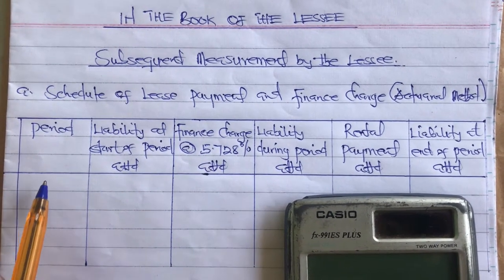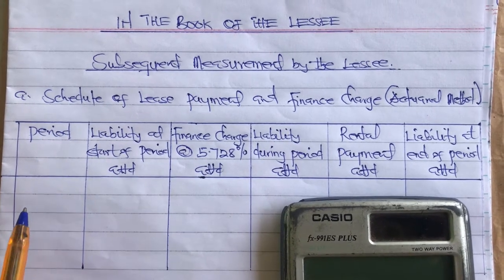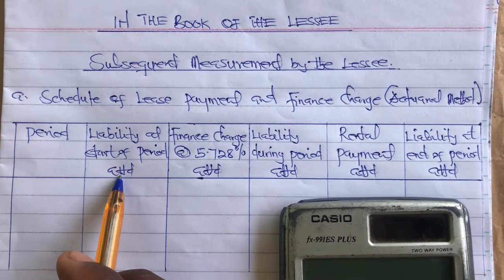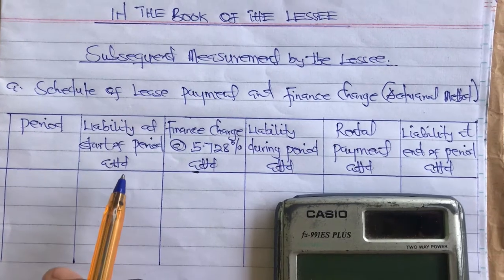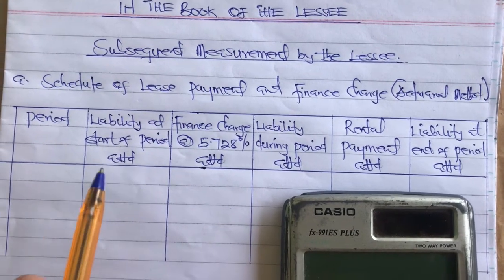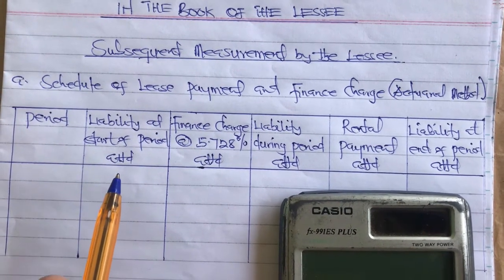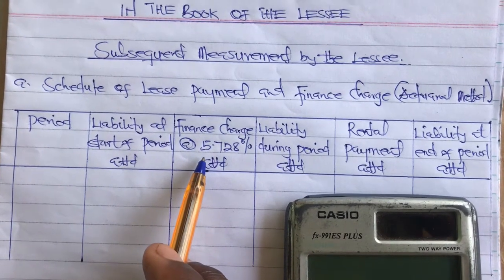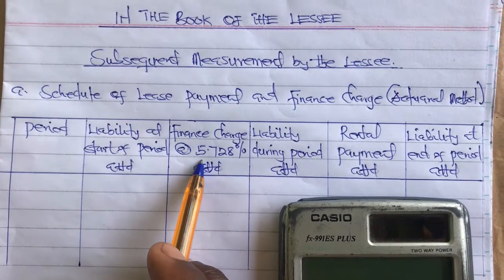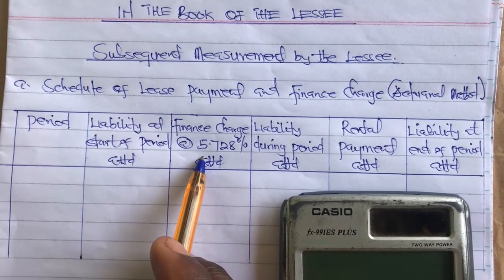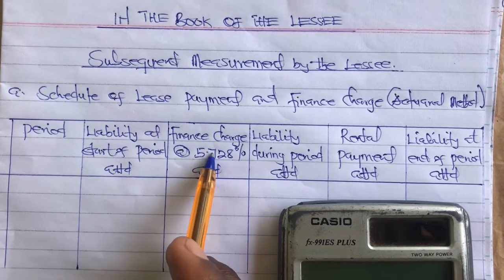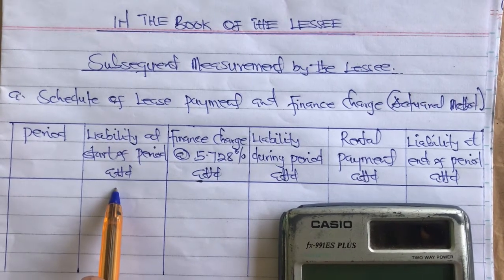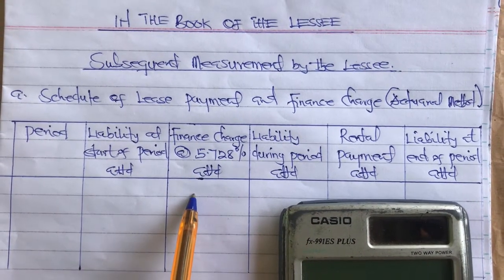We consider the period, that is the lease term. Then we consider the liability at the start of the period, that is the initial liability at initial recognition. Then we consider the finance charge. We are going to use the interest rate implicit in the lease, applying the rate on the opening liability to determine our finance charge.